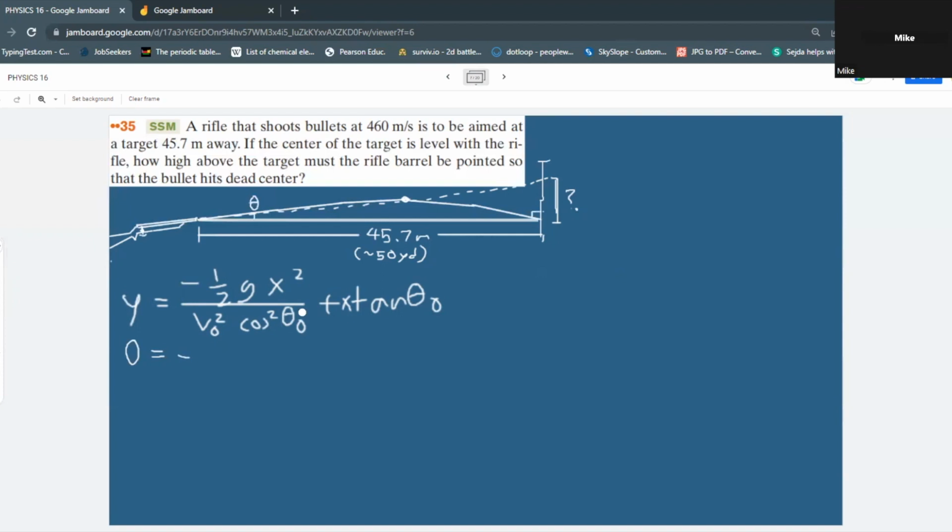Okay, so do some algebra first to isolate theta. So 0 is equal to that, and x becomes the distance traveled, d.